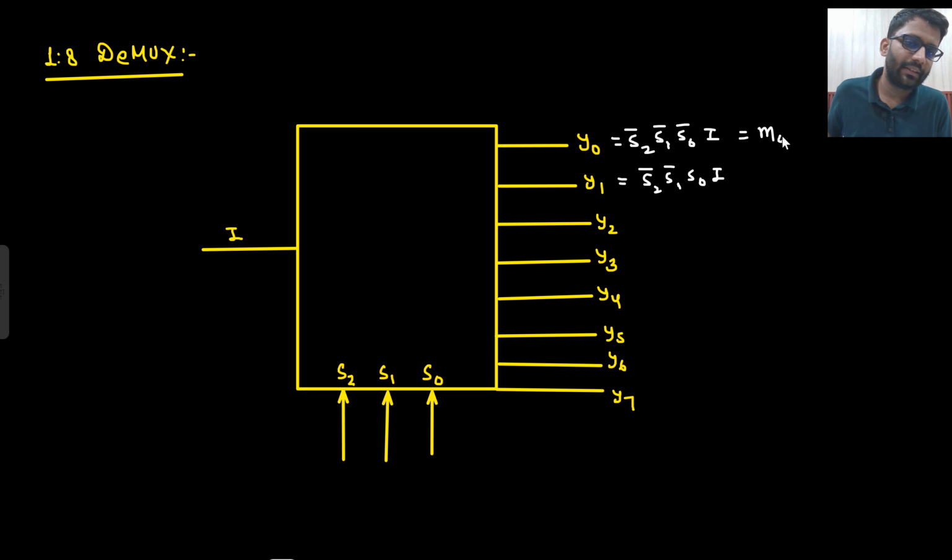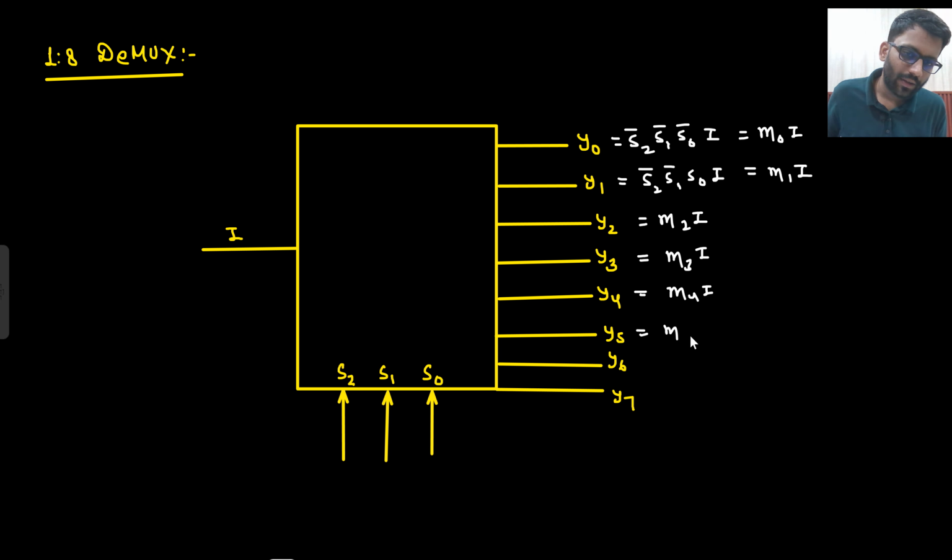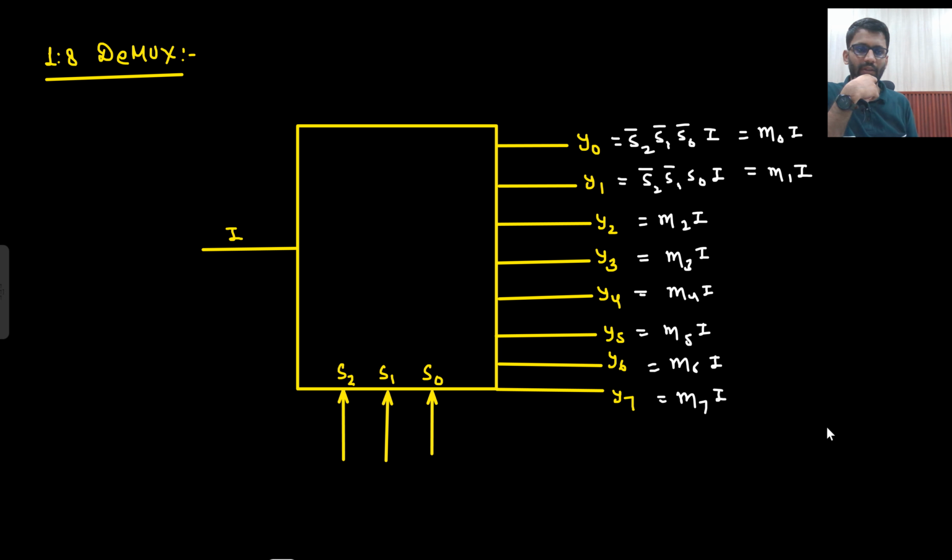So basically I can write this as M0 into I, M1 into I, this would be M2 into I, this would be M3 into I, M4 into I, M5, M6 into I and M7 into I. Okay, so this is your simple demux. This is your 1:8 demux.